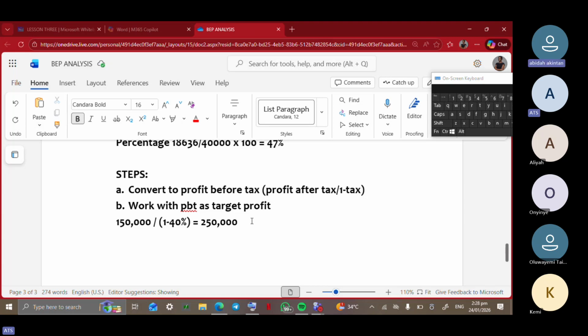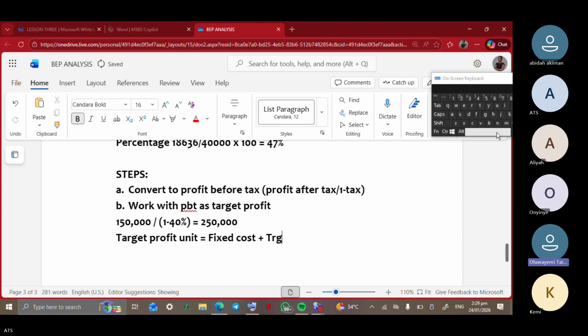Now let's go back to our normal formula for the number of units. So target profit units is what? Target profit. Sales, the unit. Is it just 40%?